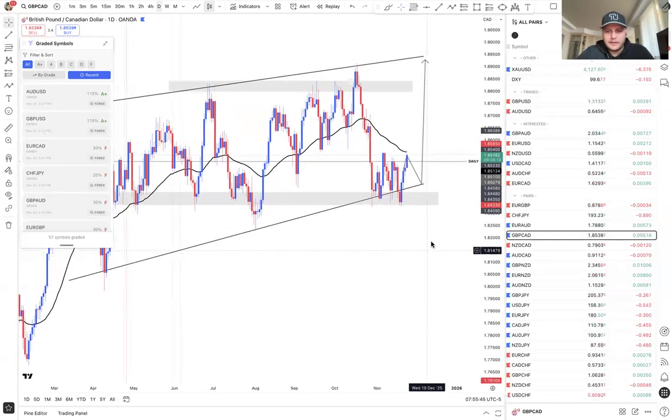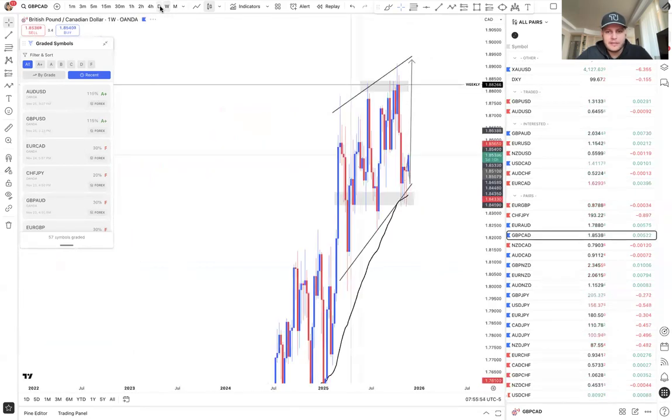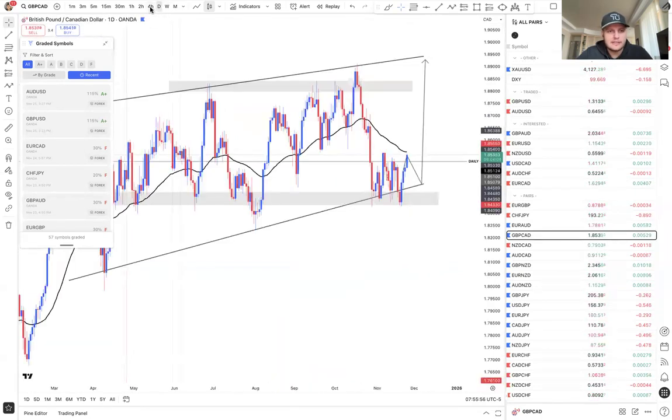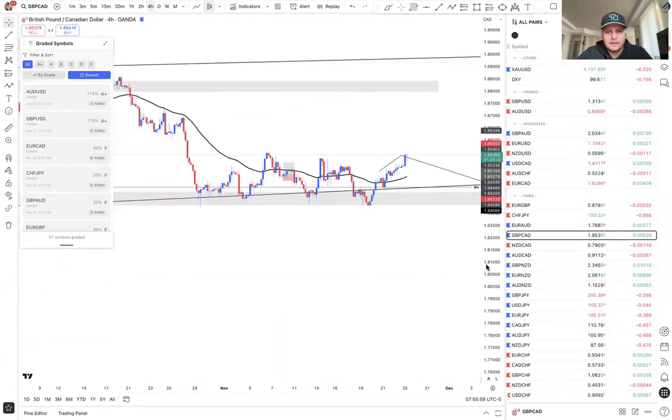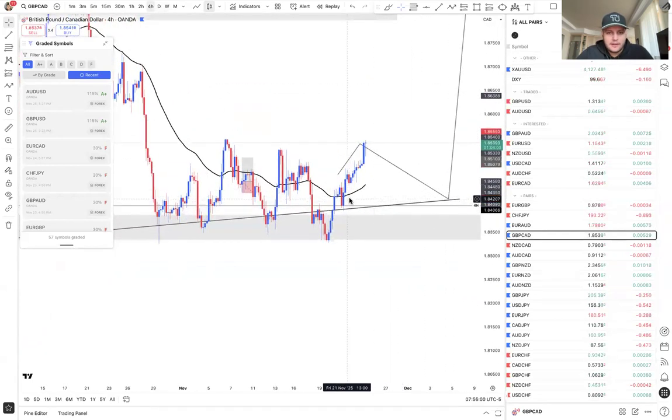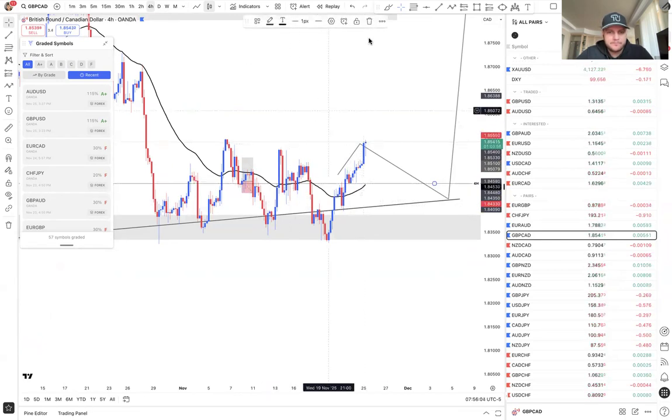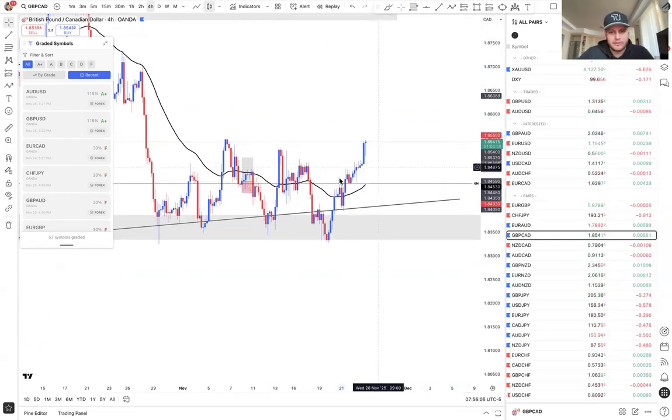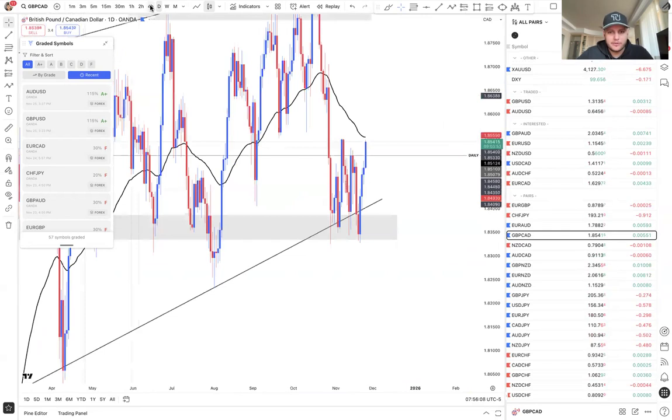GBP CAD took an unfortunate loss here, I think 2 weeks ago. Price ended up pulling back deeper into the weekly EMA and then still rejecting the weekly EMA. At the moment, we are creating a new higher high on the 4-hour time frame. At this point, I don't think we're pulling back into the daily area of interest anymore.